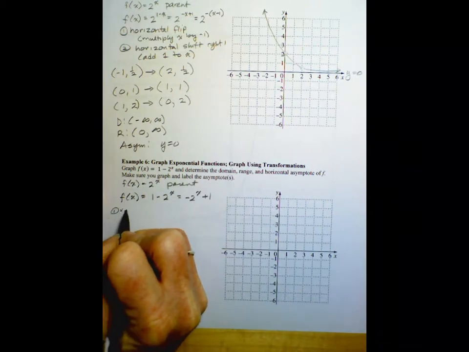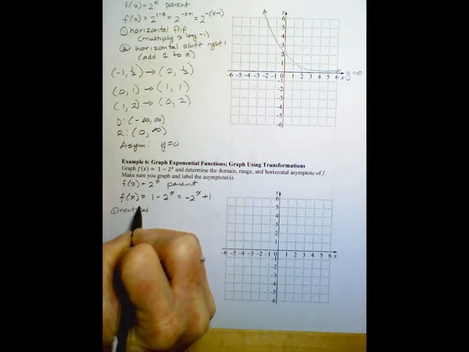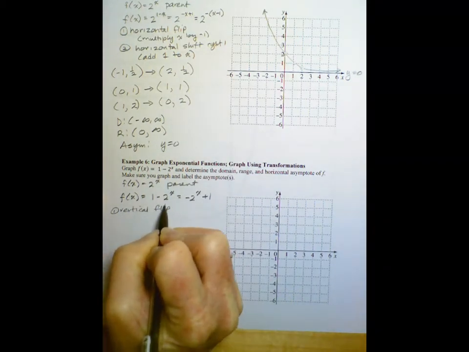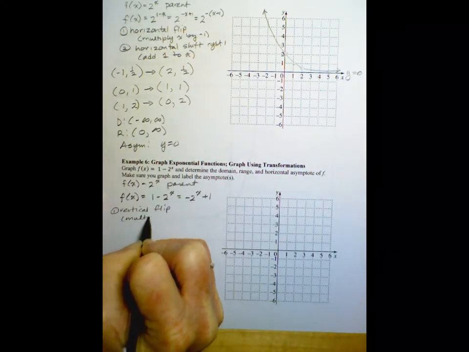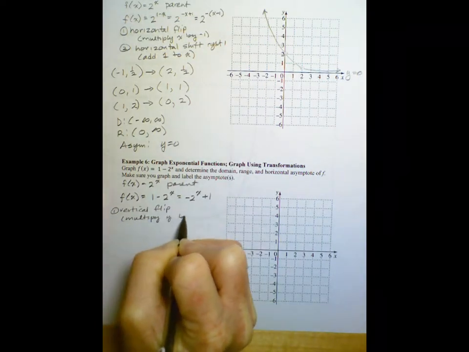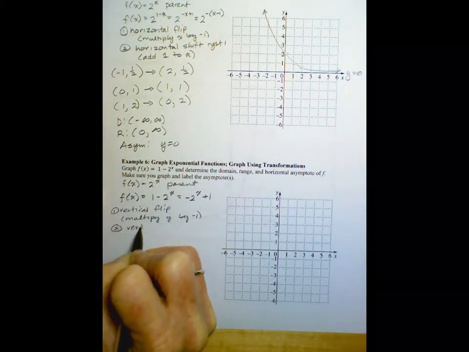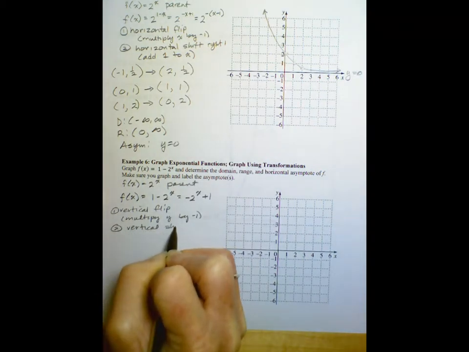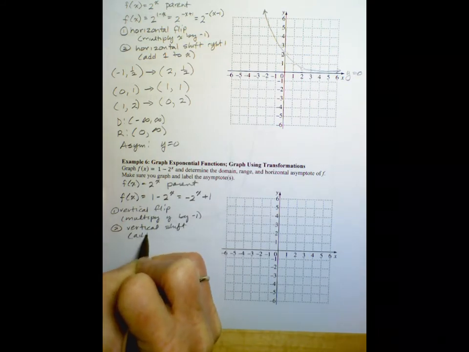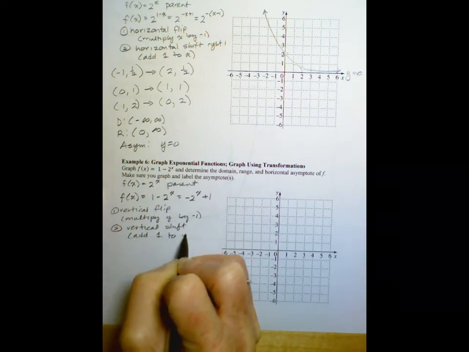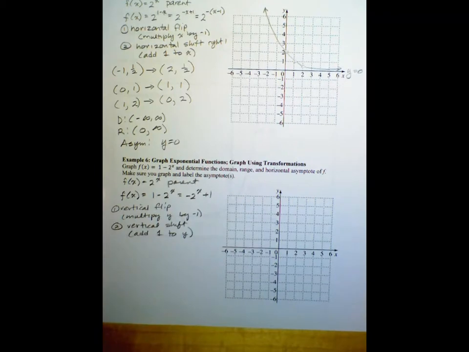So we have a vertical flip. We'll multiply y by negative 1. And we have a vertical shift. We'll add 1 to y. And of course, multiplication first.